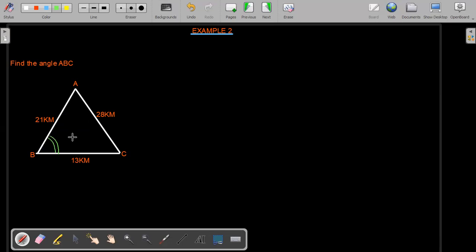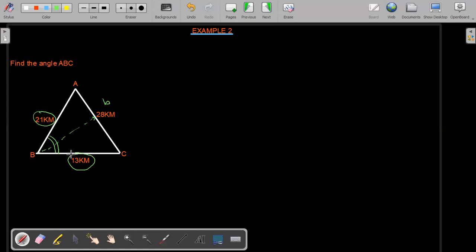So let's find our angle B there. Since we are finding this angle B, we are going to concentrate on this, and also its opposite side. In this case, the opposite side is B. So now we are going to have this and that.